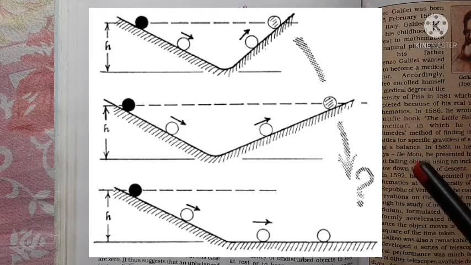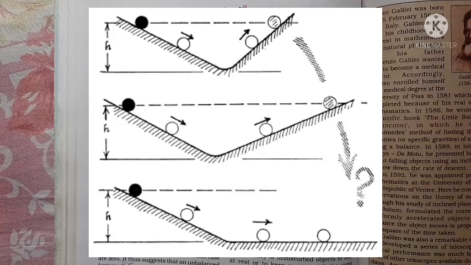And finally, if the angle of inclination is 0, then what will happen? The marble would continue to travel forever, trying to reach the same height that it was released from. It will not stop.